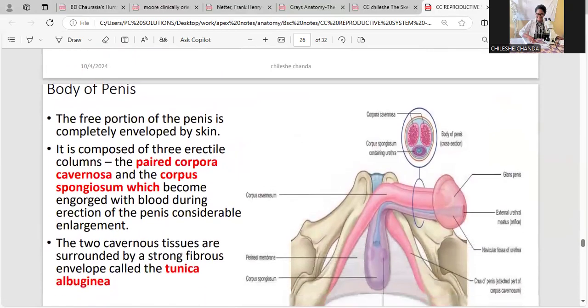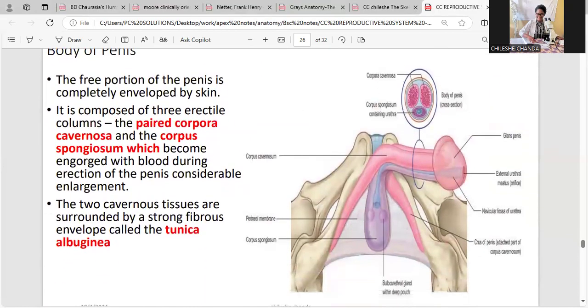And then we have the body of the penis. This picture nicely shows the bulb being pierced by the urethra, and this urethra coming all the way up to the outside. And we have the crus and another crus, and they come like that.